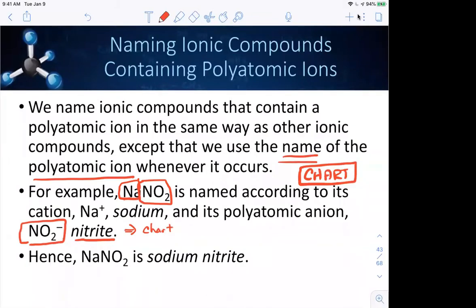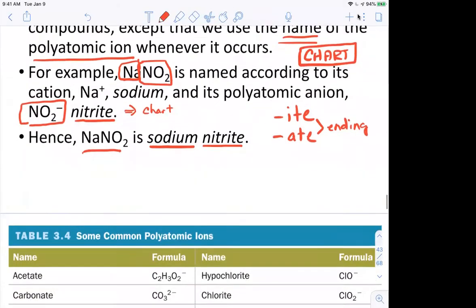At some point, I'm just going to remember that. So this compound, I name the metal sodium, and the anion's name is nitrite. My polyatomics are always going to have an ITE or an ATE ending for the most part. There are exceptions that you have to worry about.